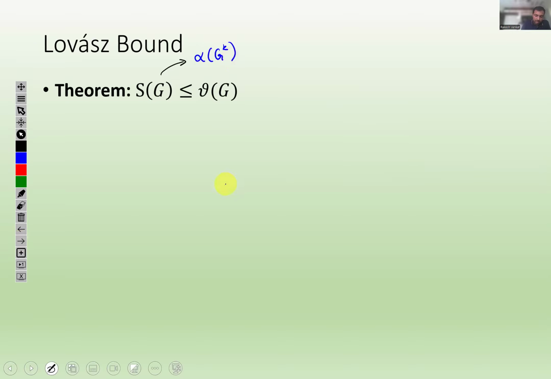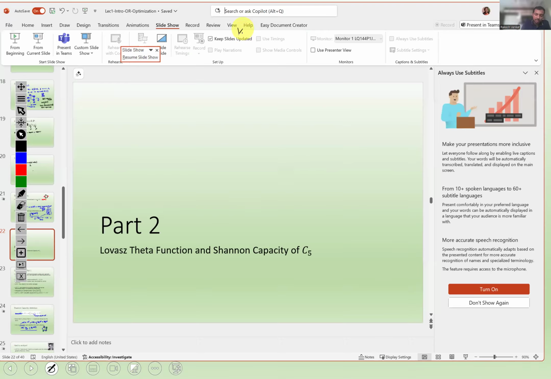Let's go ahead, and Lovasz actually showed the following. S of g, if you remember, is the exponential of the Shannon capacity. I'll just write it in graph theoretic terms without any reference to information transmission.